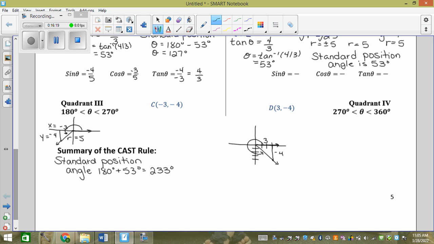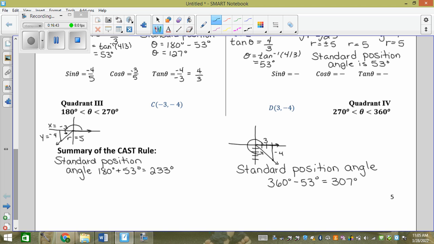Okay. How do we get the standard position angle in quadrant 4? It's 360 degrees minus 53, which is 307 degrees.